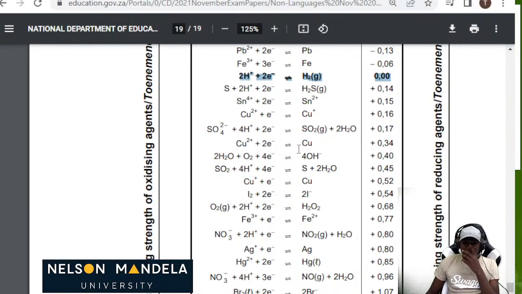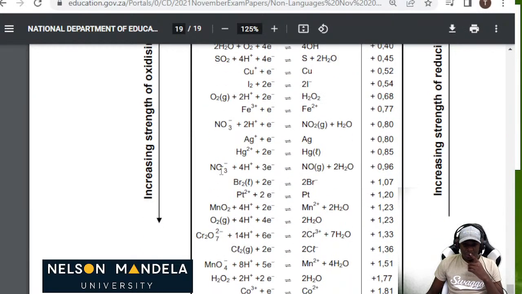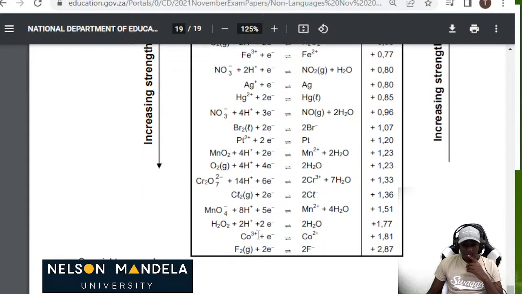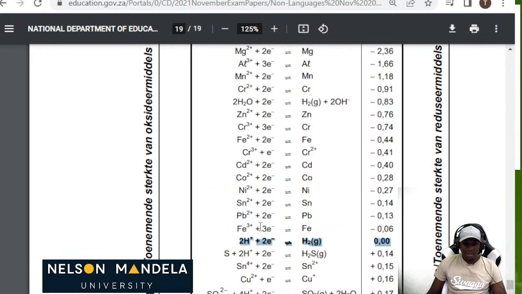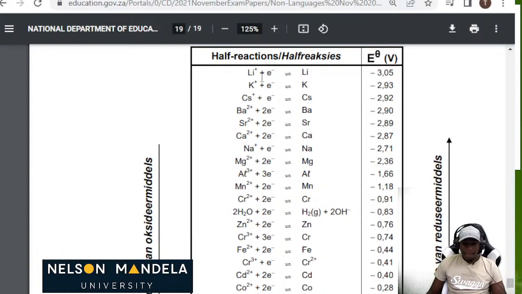Great. Now let's look at zinc. Where is zinc? Zinc, it's Zn. It's supposed to be up there. Here it's zinc. Since it's going for oxidation, we remember that oxidation works hand in hand with the reducing agent. Why? Because it's oxidized and it loses electrons. So how do you lose electrons?